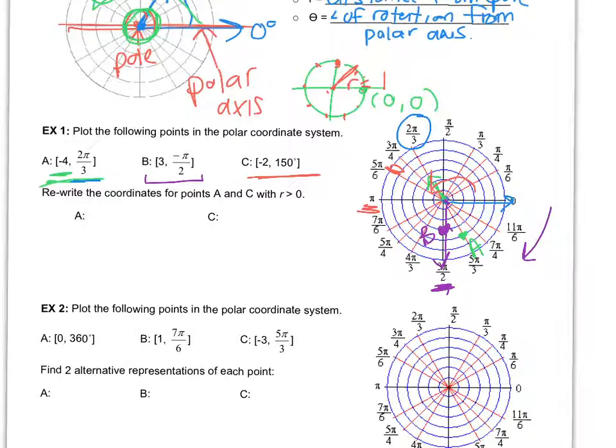Imagine again starting facing the 0 degree direction, rotating your body, and now facing 150 degrees, or 5 pi over 6. But this negative value of r means that now we're walking backwards 2 units. So this first inner circle would be -1, and then the second one right here in this pink color we see -2. That would represent point C, which is -2, 150 degrees.